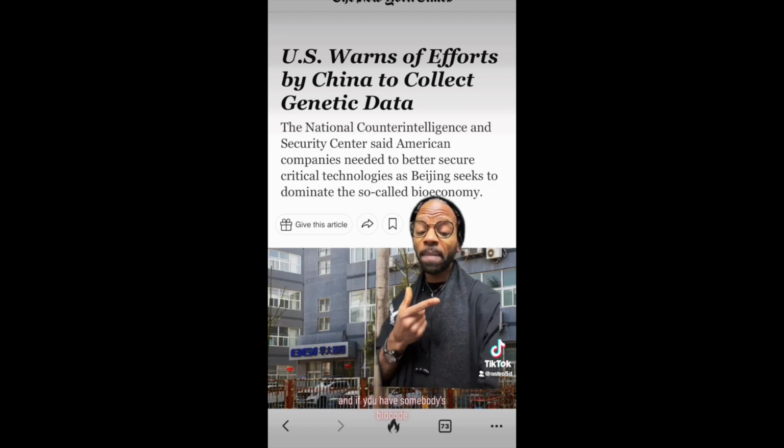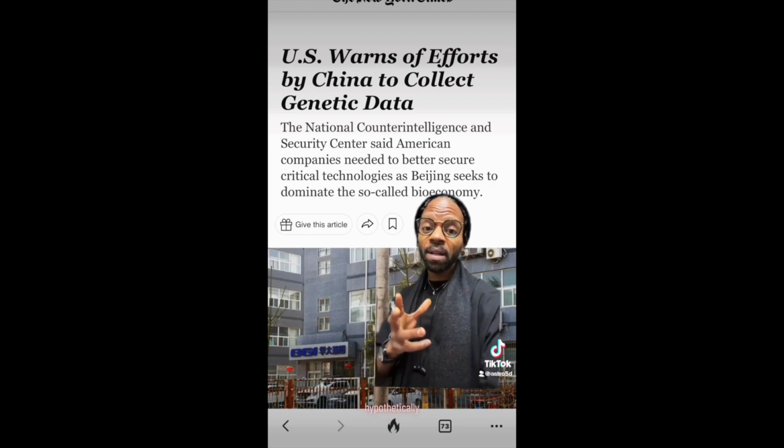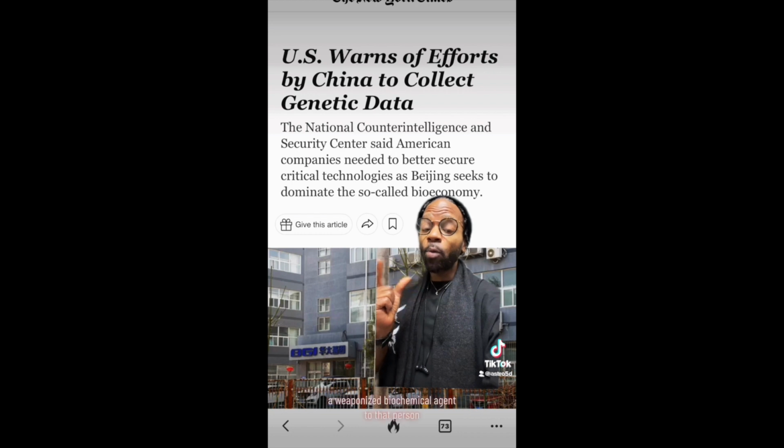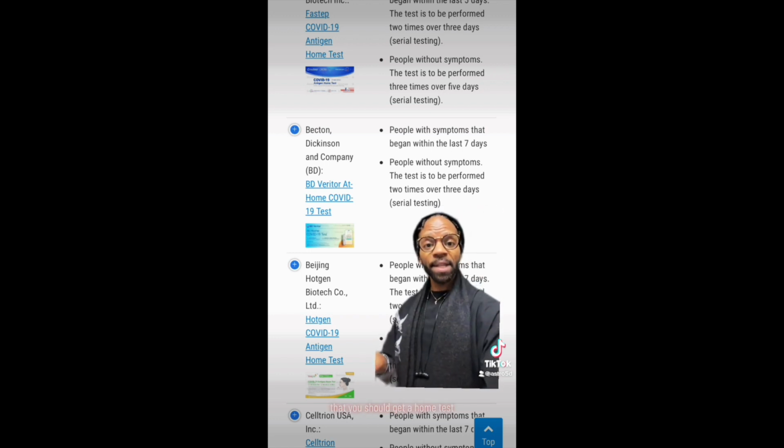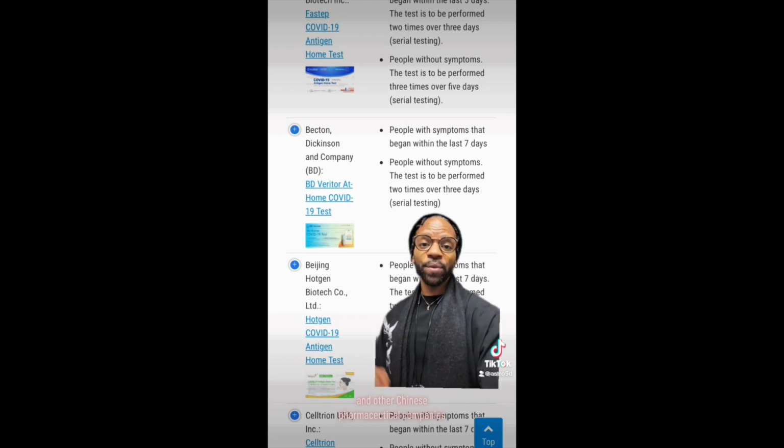And if you have somebody's biocode, hypothetically, you can tailor a weaponized biochemical agent to that person. Here's another relevant article, and this is on the FDA's website suggesting that people should get a home test from Beijing and other Chinese pharmaceutical companies.